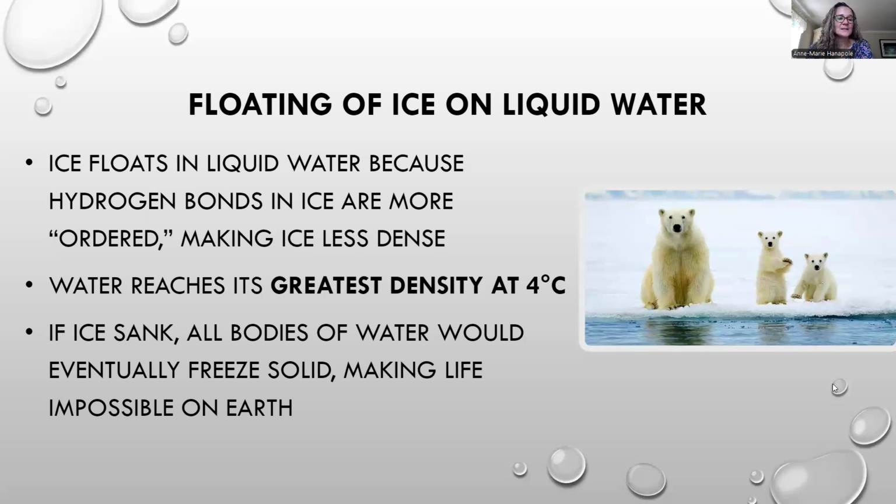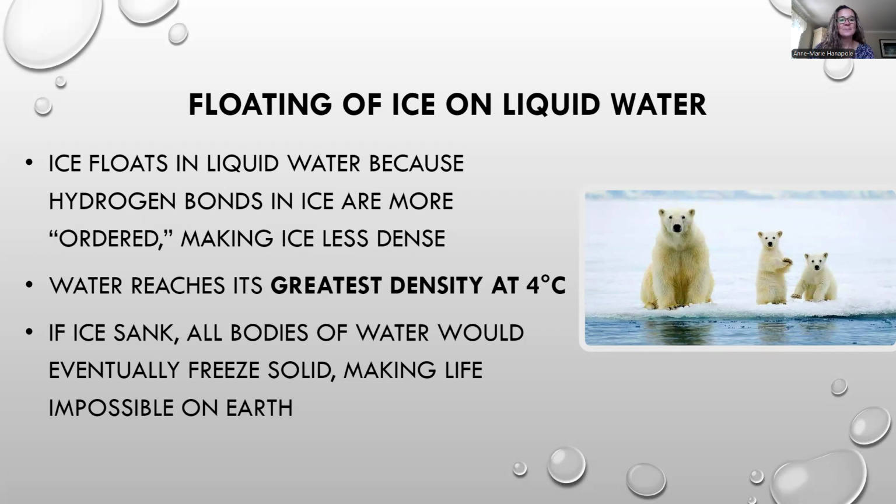So if ice didn't float, like a lot of other substances, when it changed from a liquid to a solid, it would be more dense and it would sink. If that were the case for ice, as the winter came and it started to freeze, the ice would sink and it would crush all of the organisms that were in the lakes and the streams and the rivers.